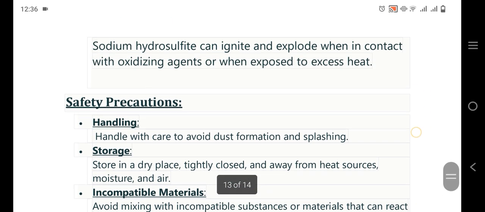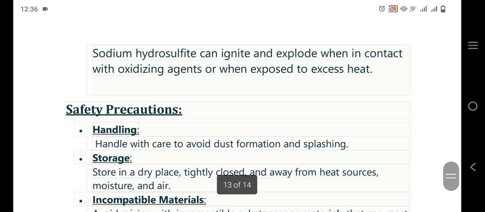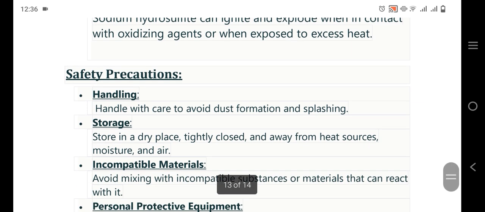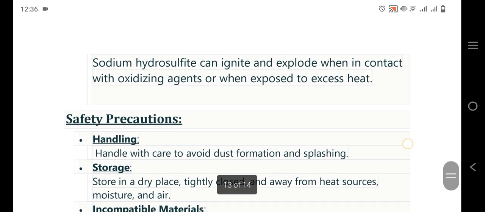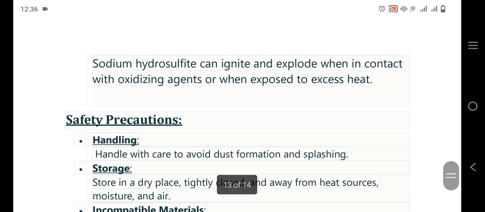To minimize the risk of fire and explosion, store sodium hydrosulfide away from heat sources, open flame, and sources of ignition. Keep sodium hydrosulfide containers tightly sealed to prevent exposure to moisture. Avoid contact with incompatible materials and ensure proper segregation and storage practices.